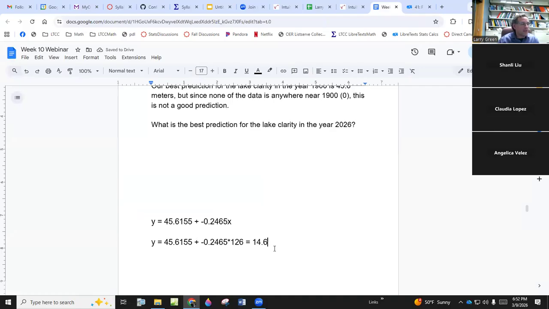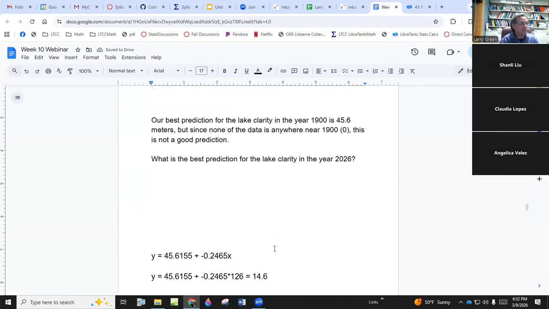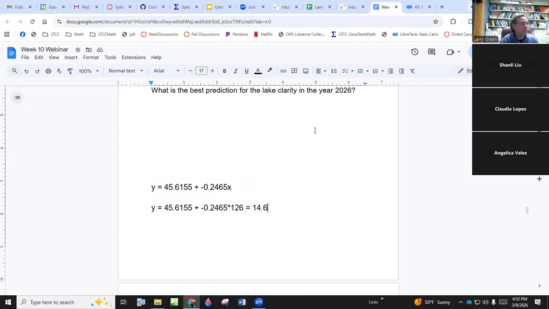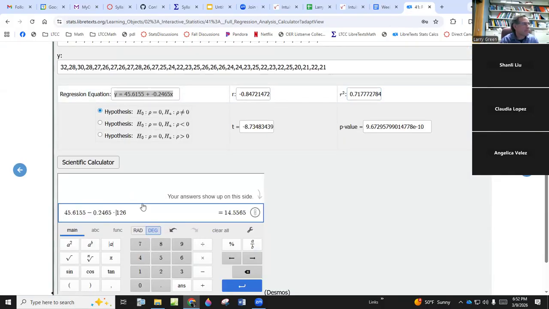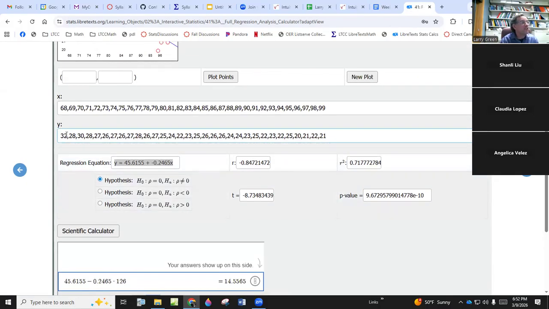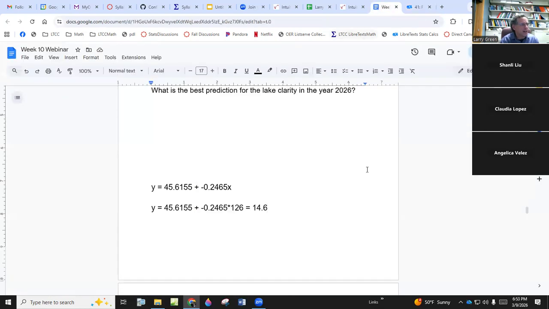Now remember that at the beginning it was 32. Long time ago, 28, 32, 30, 28. Are we okay if the lake clarity is 14.6 if it used to be 32? What do you think? Yeah, that would not be okay.